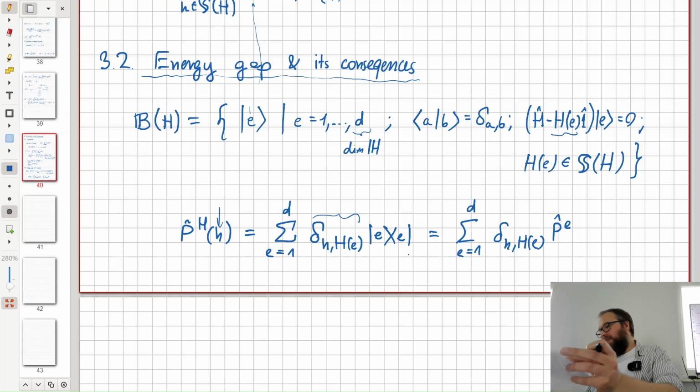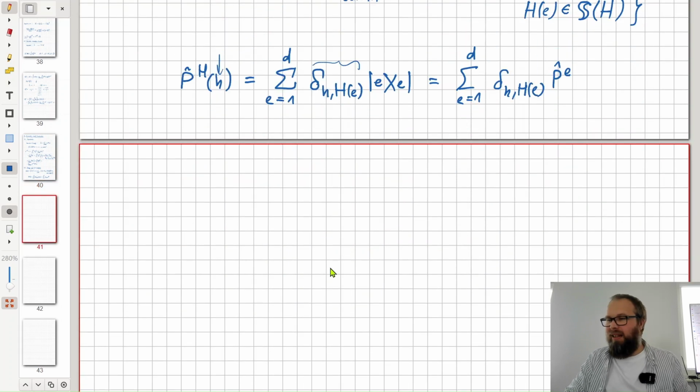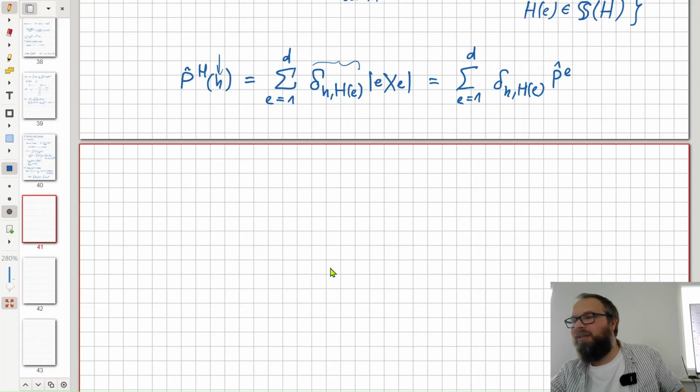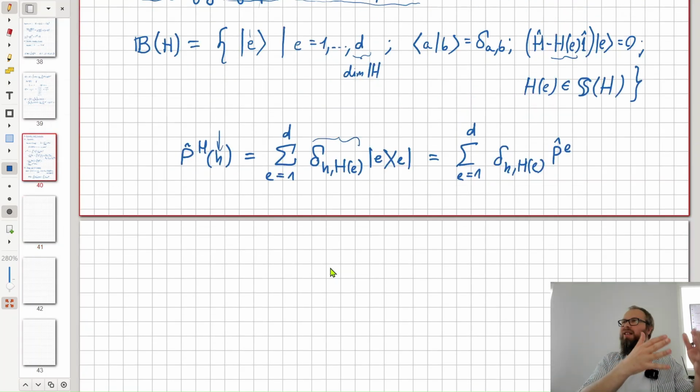And now we have our eigenvalues, energy levels, okay? Let's presume that there is a gap between levels. What do I mean by that? Let's suppose that we can order our energies in ascending order. So E1 is the smallest, ED is the highest.